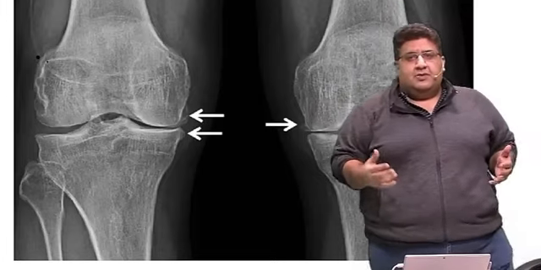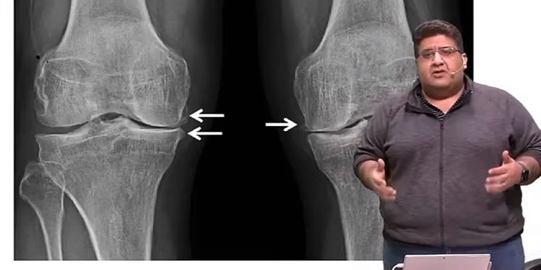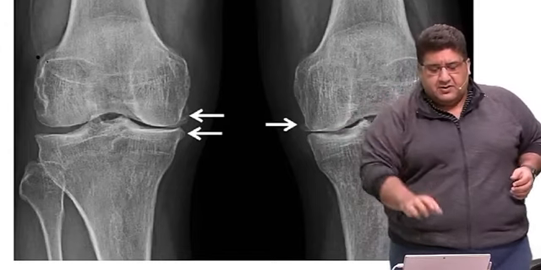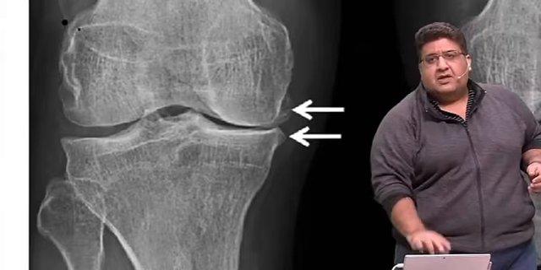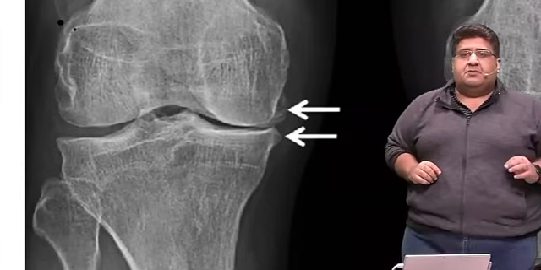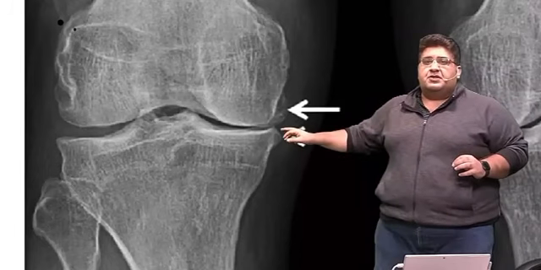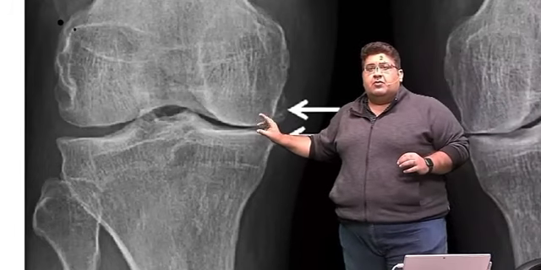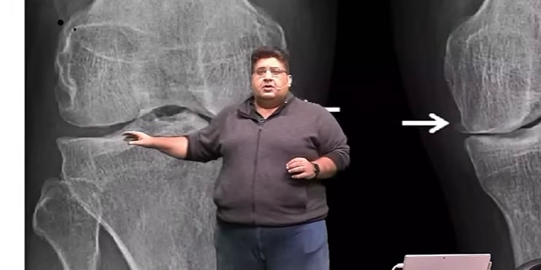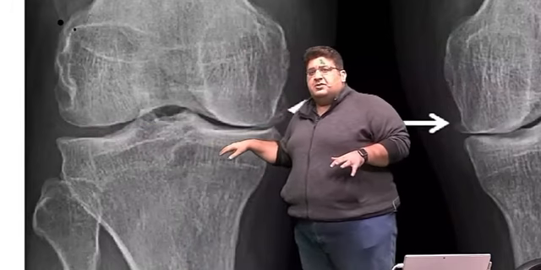Therefore, the first X-ray sign of osteoarthritis of the knee is reduction of the joint space, but always remember, it is not a symmetric reduction, it is an asymmetric reduction, where medial reduction occurs earlier and more as compared to the lateral reduction.